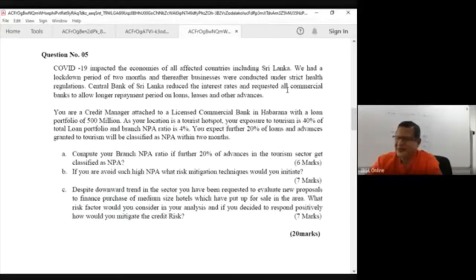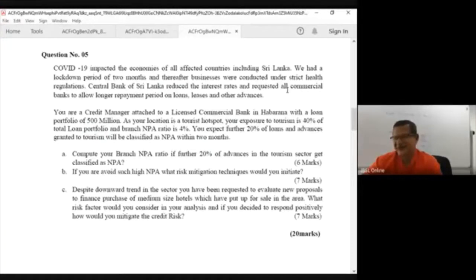So if your tourism industry is doing badly, putting money once again into the same industry will create more NPAs, and therefore your NPA mitigation will not take place. So in credit terms, we say you need to diversify. You need to find customers who are engaged in other areas of business and make loans to them in order to mitigate your high risk area of high NPA.